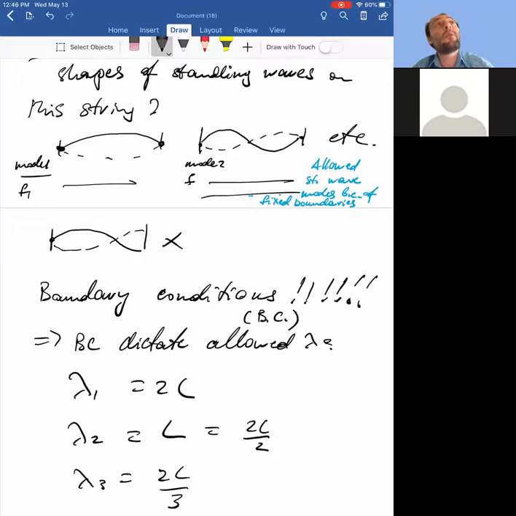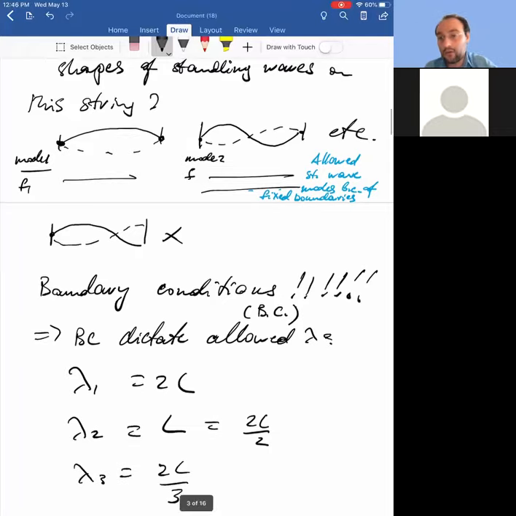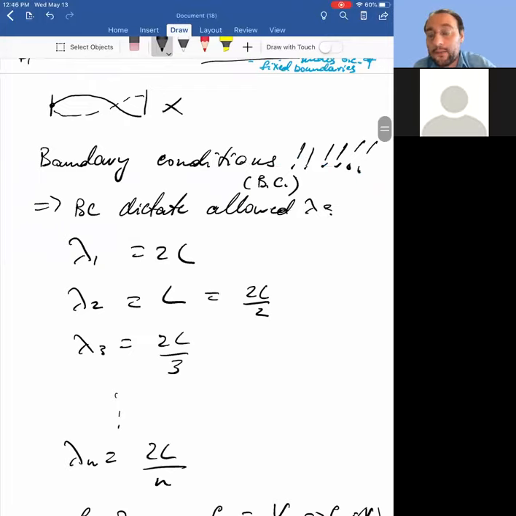Yes, in your lab 3 in Phys 2, you did drive a string by periodic force, and yes, it did light up strongly when the driving frequency matched one of these natural frequencies. But why do I care? This is a very important question. And the answer to that is a very big deal.